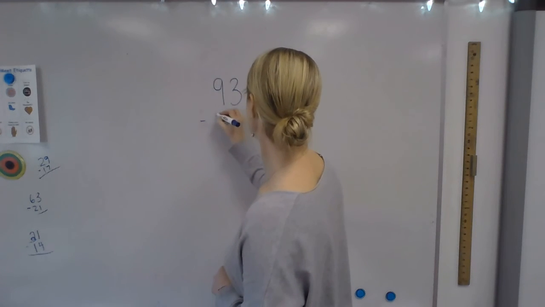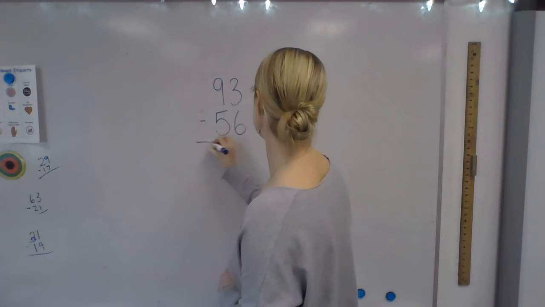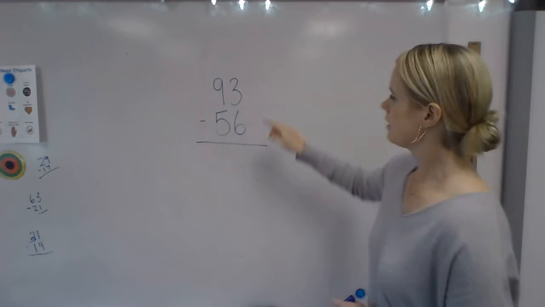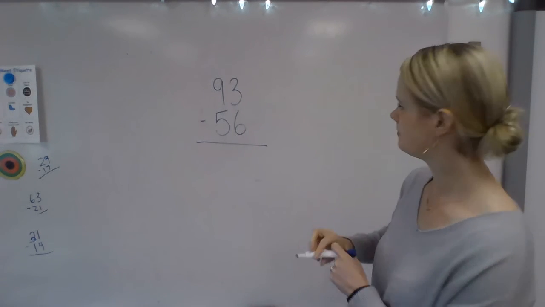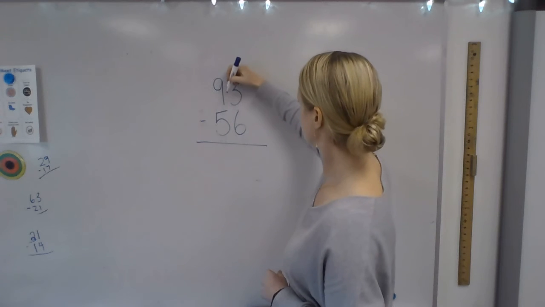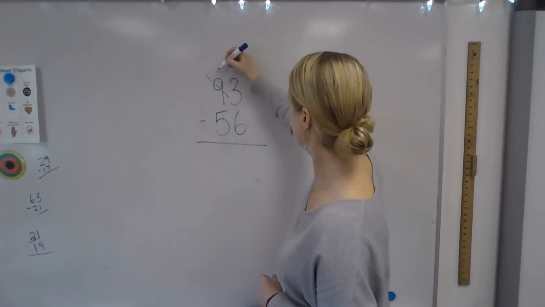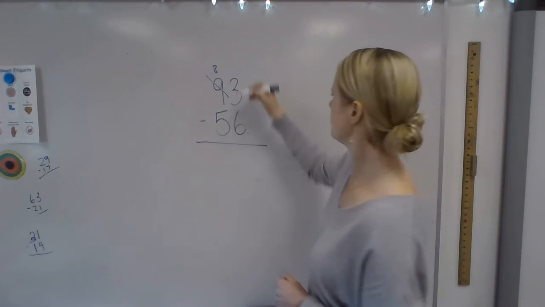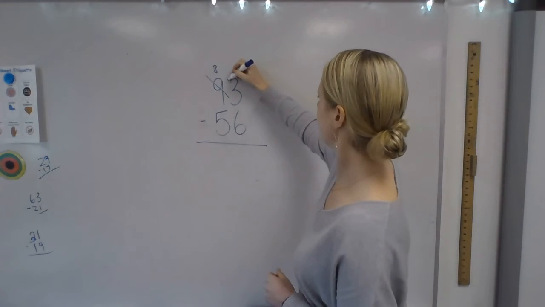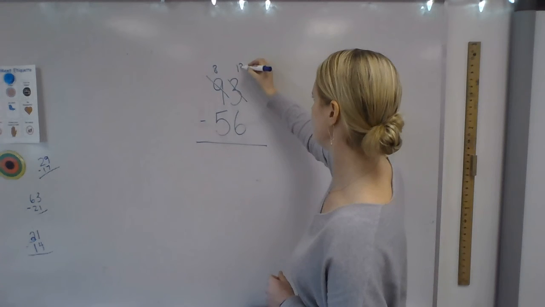93 minus 56. 3 minus 6, not possible. So we need to borrow from this one. We're always just going to borrow 10, which brings the tens column down by 1. So 9 becomes an 8, and the 3 becomes a 13.